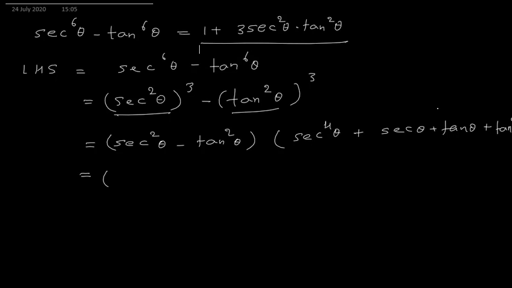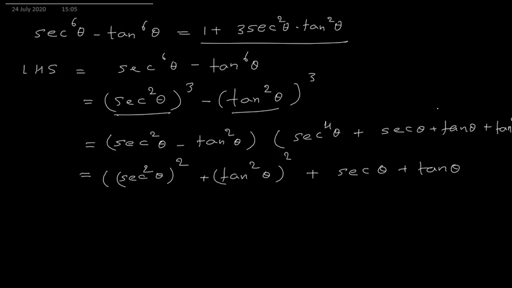So again this sec power 4 theta plus tan power 4 theta is something like a square plus b square. So let me write this first as sec square theta the whole square, and this last term as plus tan square theta the whole square, plus here we have sec square theta into tan square theta.